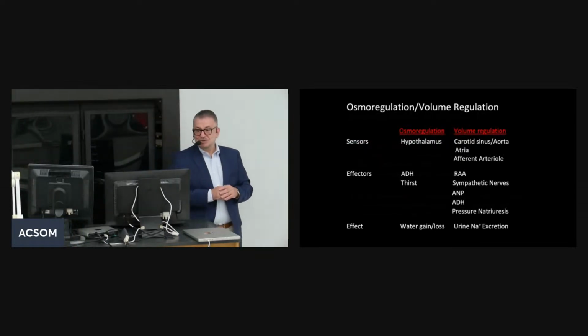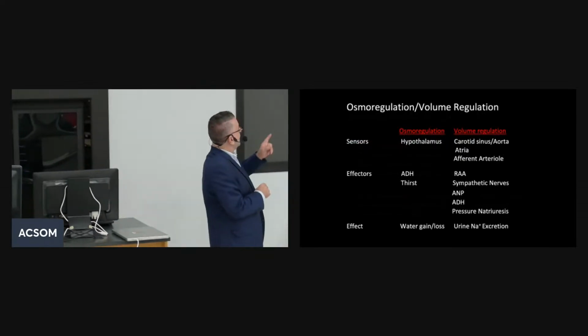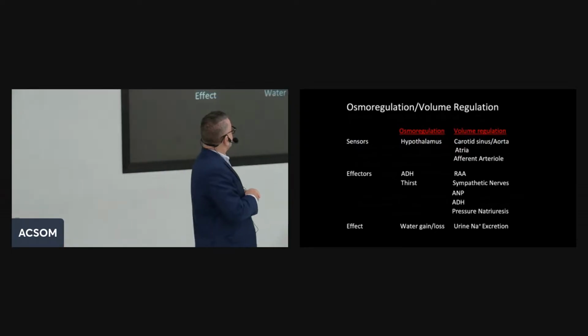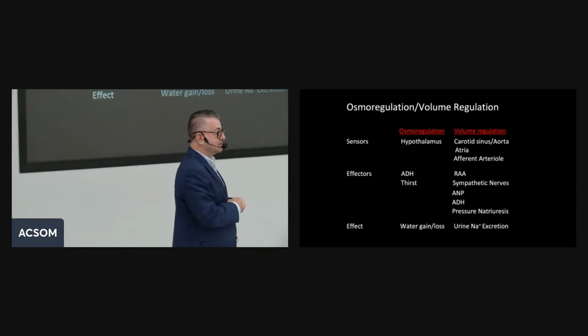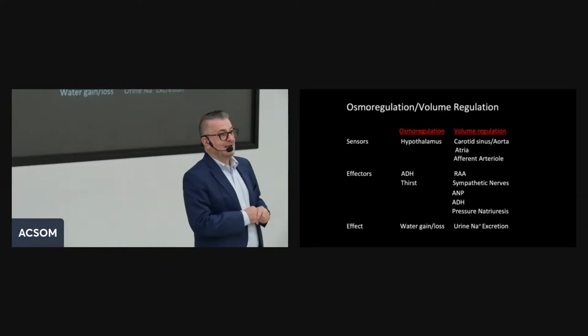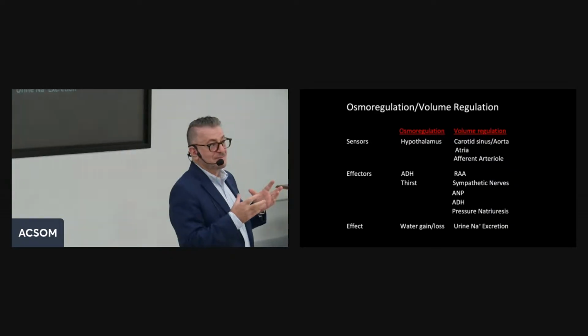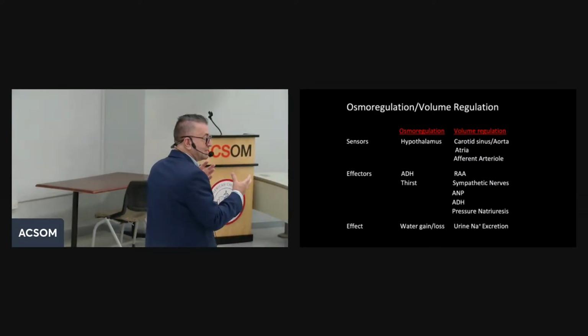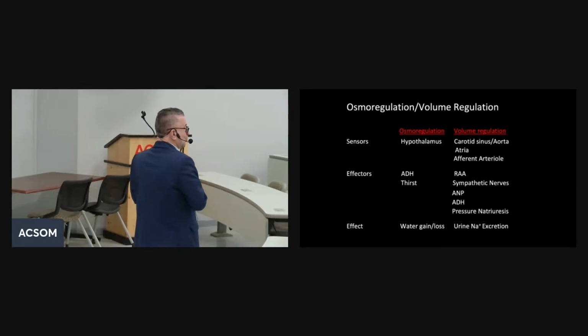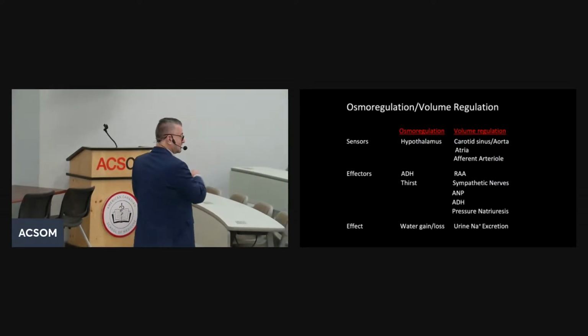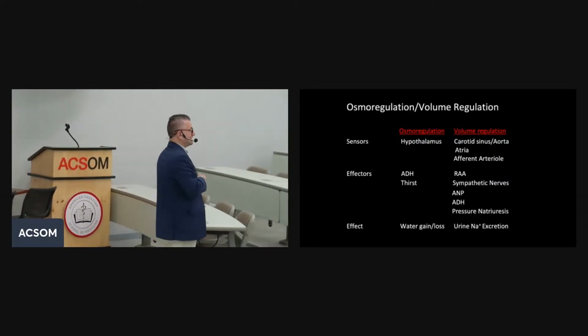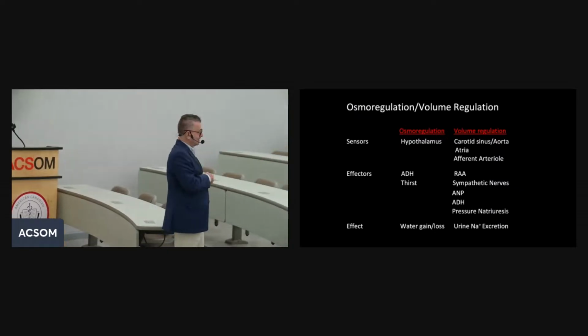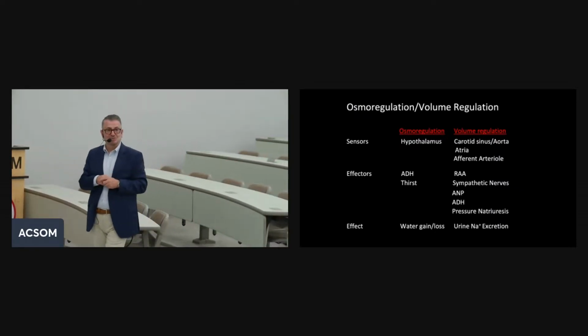So for osmoregulation, we have some sensors in the hypothalamus, and they sense osmotic pressure and they release a hormone called ADH. Do you know what ADH stands for? Very good, excellent. Antidiuretic hormone.